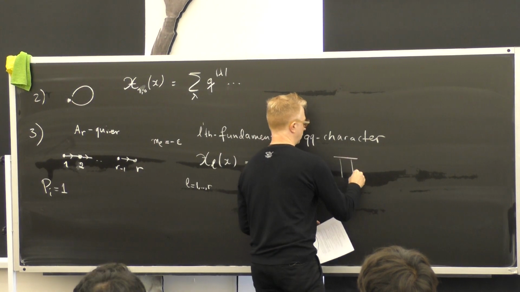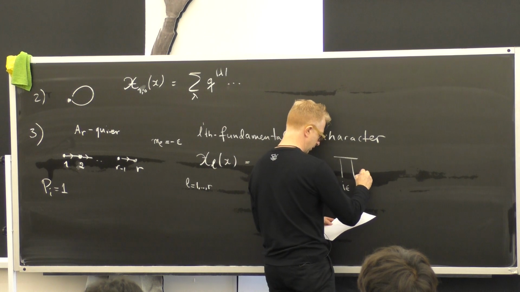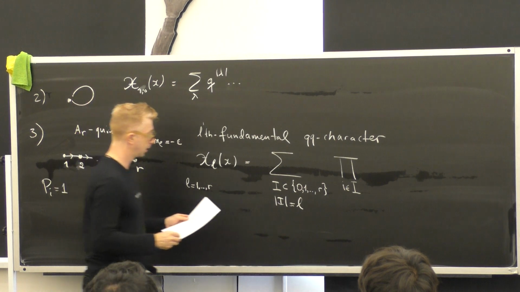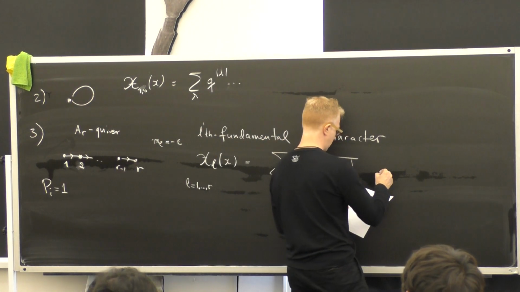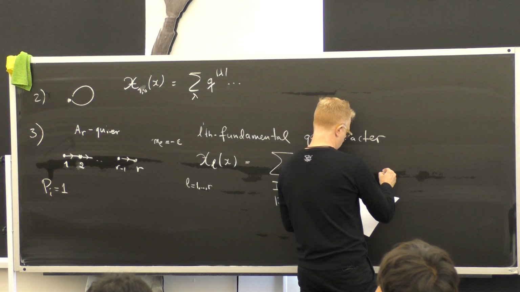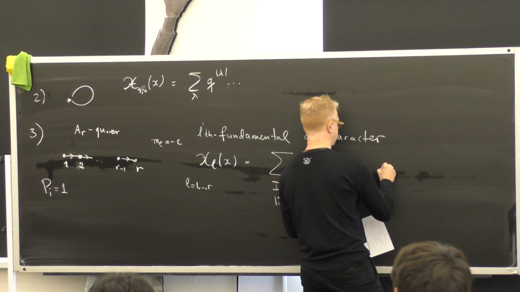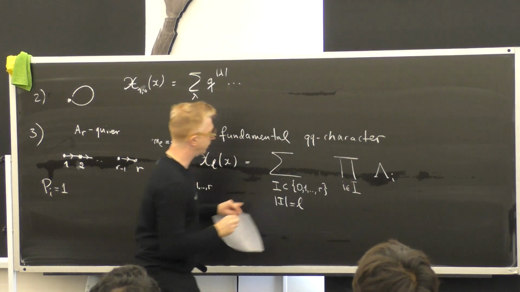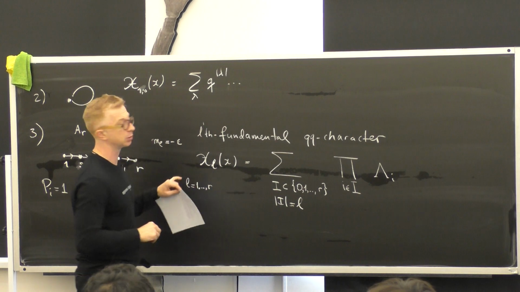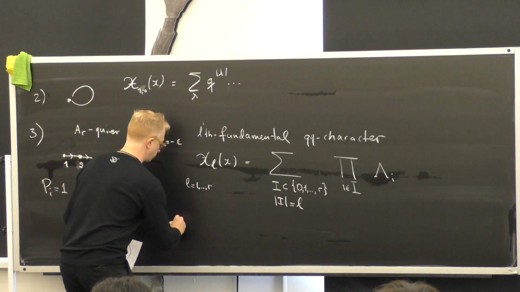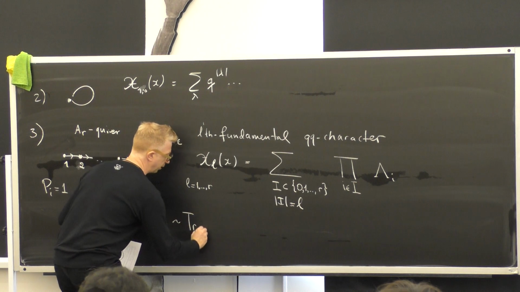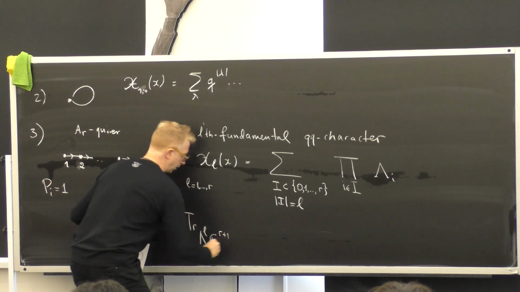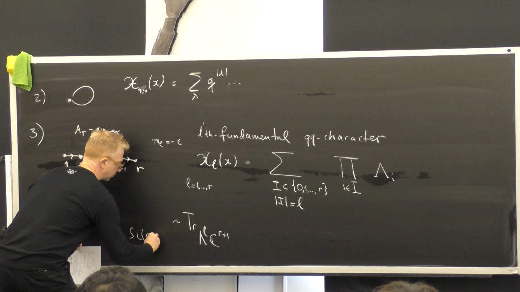Then you take a product over all i inside capital I. Okay, so it's a bit complicated, but I want to write it nevertheless so that you will see the analogy to the characters of the L-th fundamental representation of SL r plus 1.